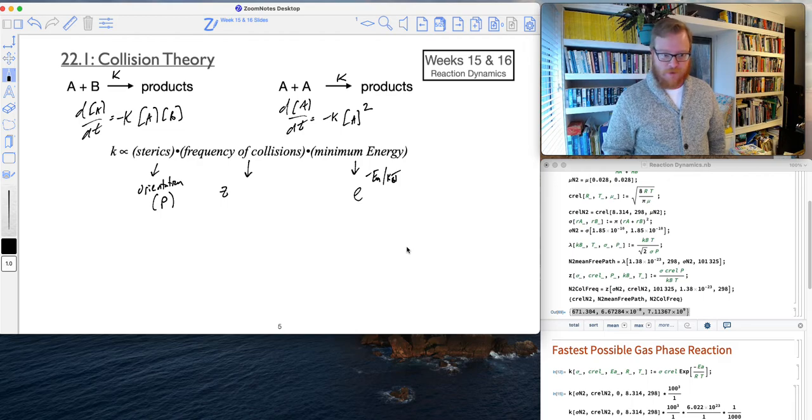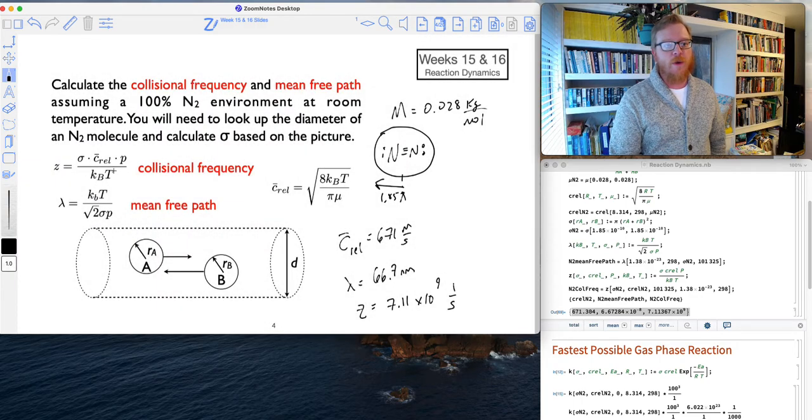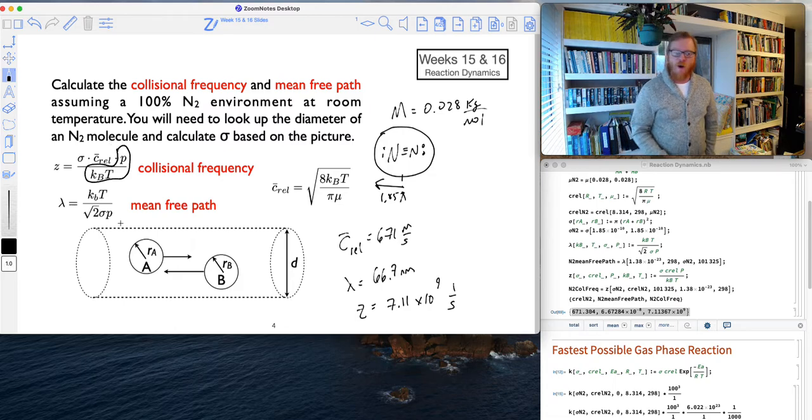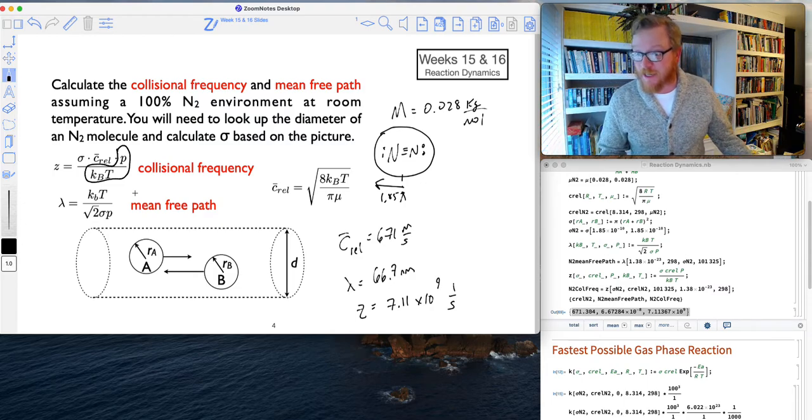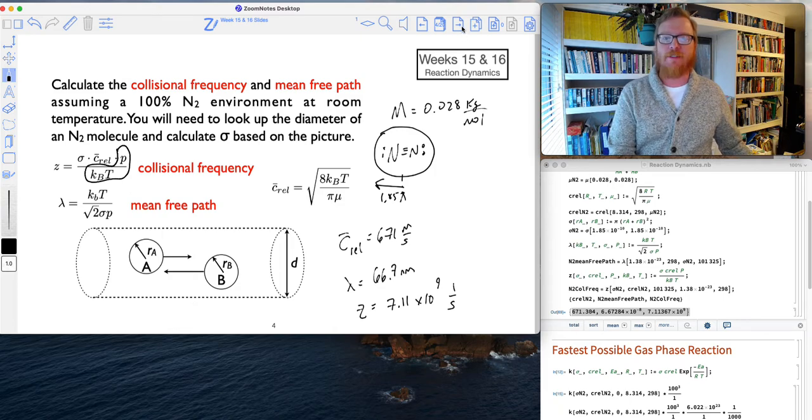depending on our units. Speaking of units, let's talk about this frequency of collisions for a moment. My frequency of collisions is sigma times c bar relative times P over kBT. Remember, P divided by kBT just gives me my number density, my concentration of molecules in the gas phase.